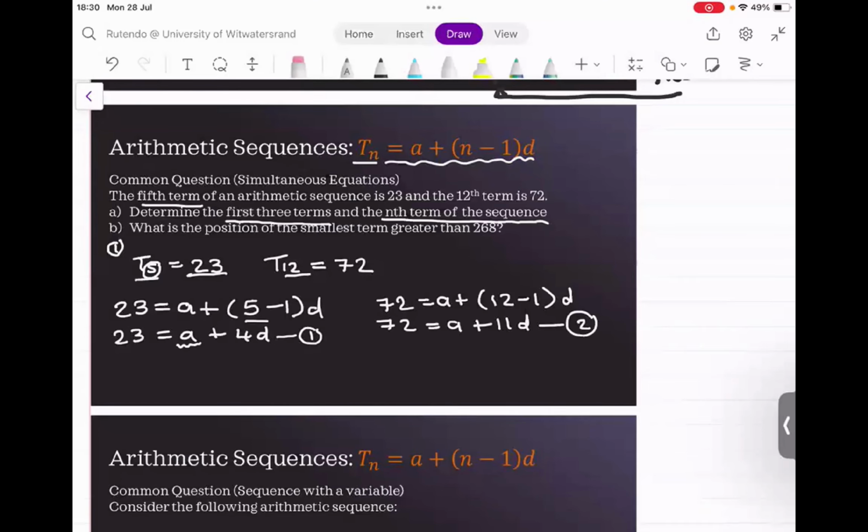If I'm trying to isolate just the A, I'll have 23, and if I'm moving this 4D to the other side, it becomes a minus, right? So I'll have 23 minus 4D is equal to A. So now I have equation 3.